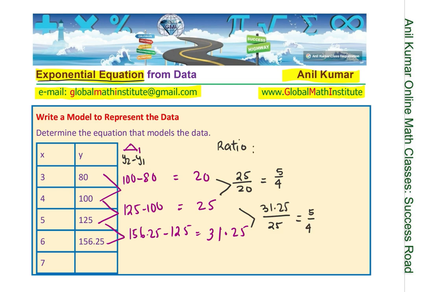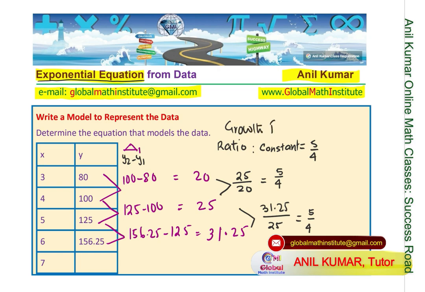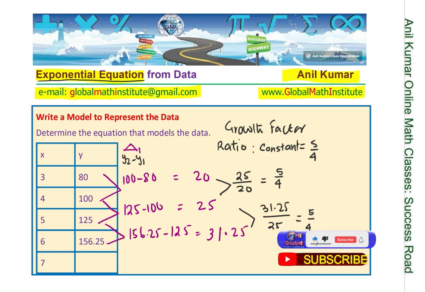So ratio is constant and is equal to 5 by 4. So that ratio is telling you a growth factor for the exponential function. Now, once you know the growth factor and you have the information that when x is 3, y is 80, x being 4, y is 100, then what should be the equation?